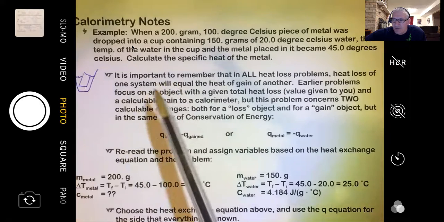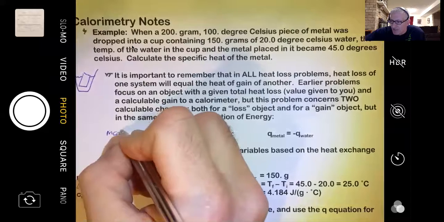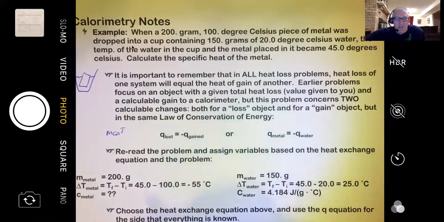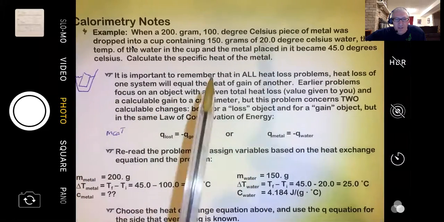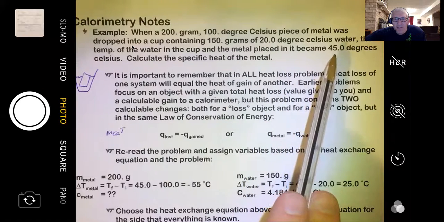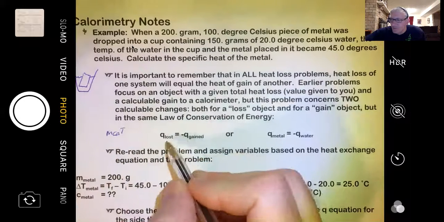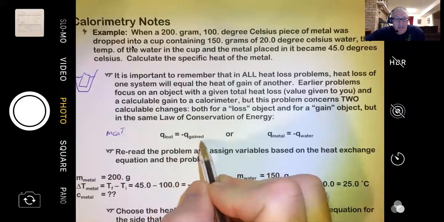And we just figured out that there's a formula for heat, and it is mc delta T. So if you think through this, the water and the metal are going to get to the exact same temperature because they're in contact with one another. So the amount of heat that the metal loses has to be equal to the amount of heat gained by the water.